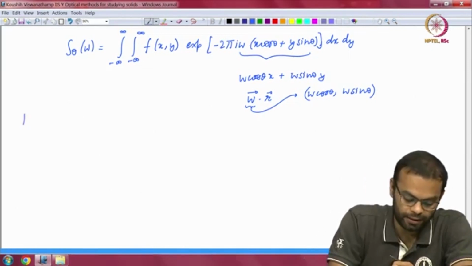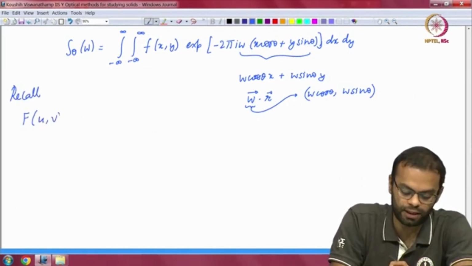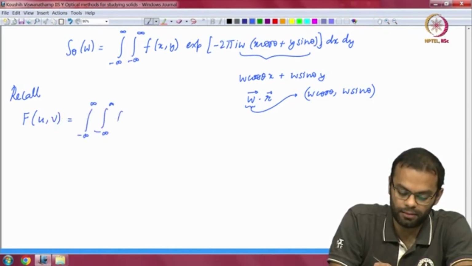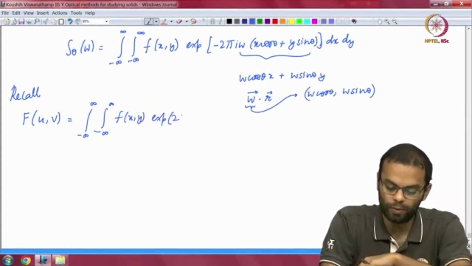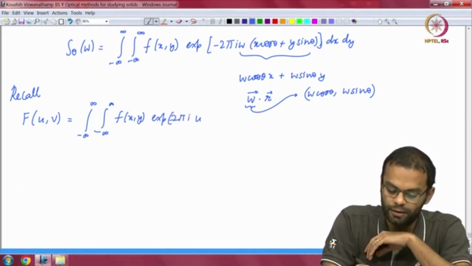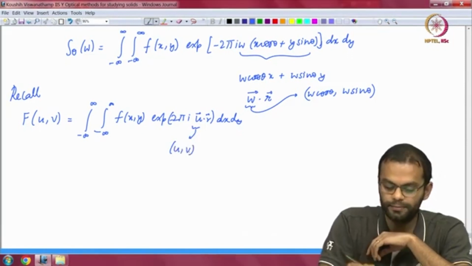If you go back and recall the 2D Fourier transform expression, this had a double integral of f of x, y, exponential of minus 2 pi i u bar dot r bar dx dy, and this u bar was u comma v.